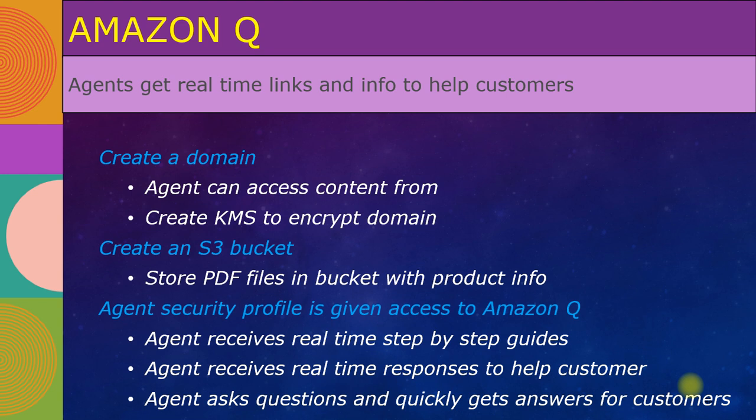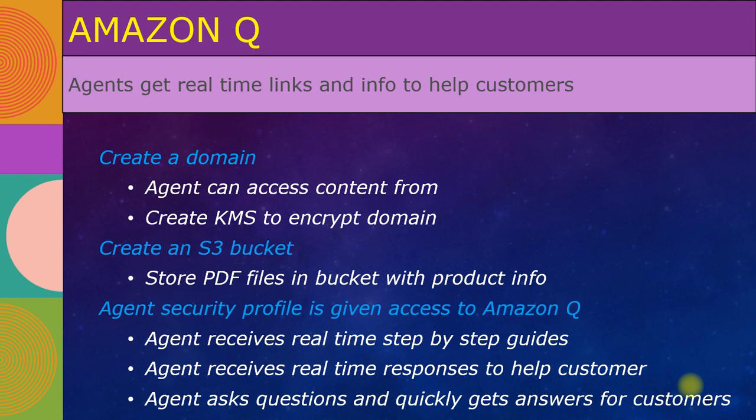It's optional, but the domain and the content has to be encrypted. You create an S3 bucket to store PDF files or text files, and you have product information in that bucket. And the agent has a security profile that is given access to Amazon Q so they can see and take advantage of Amazon Q.